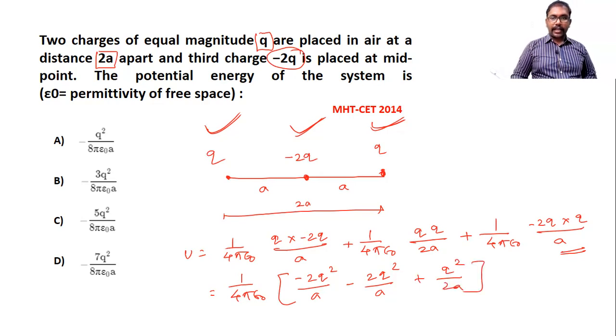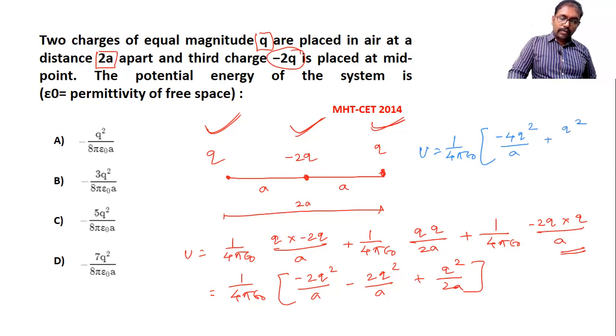Now let me use a different color pen here so you are able to distinguish. So U, the potential energy, is equal to 1 upon 4 pi epsilon 0 into minus 2q square minus 2q square, that is minus 4q square by a, plus q square by 2a. Now we have to do this addition.